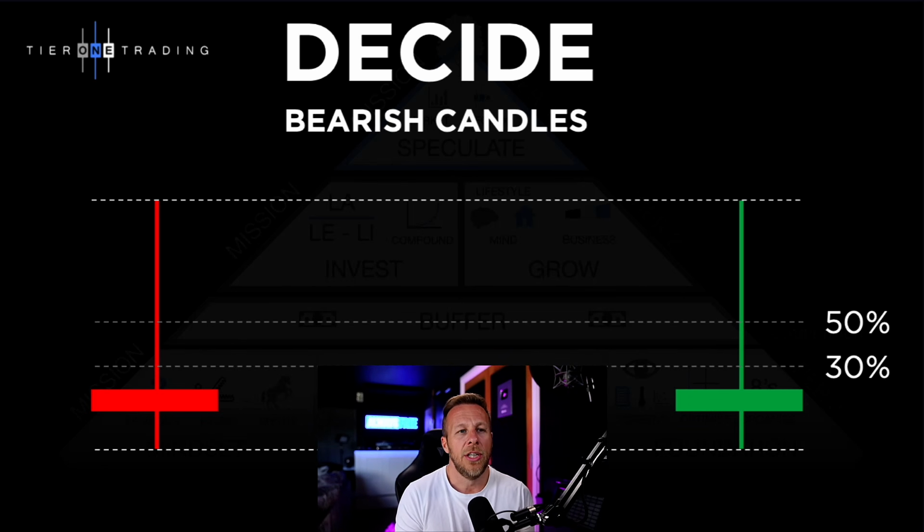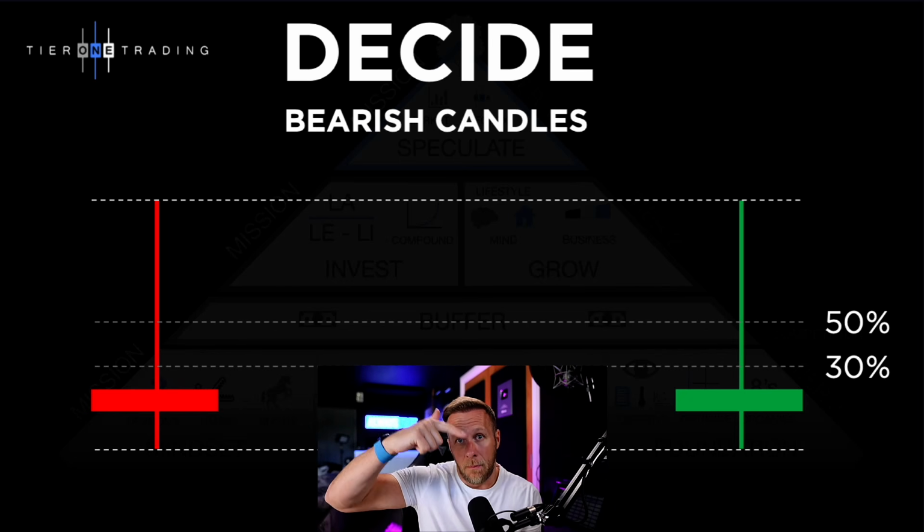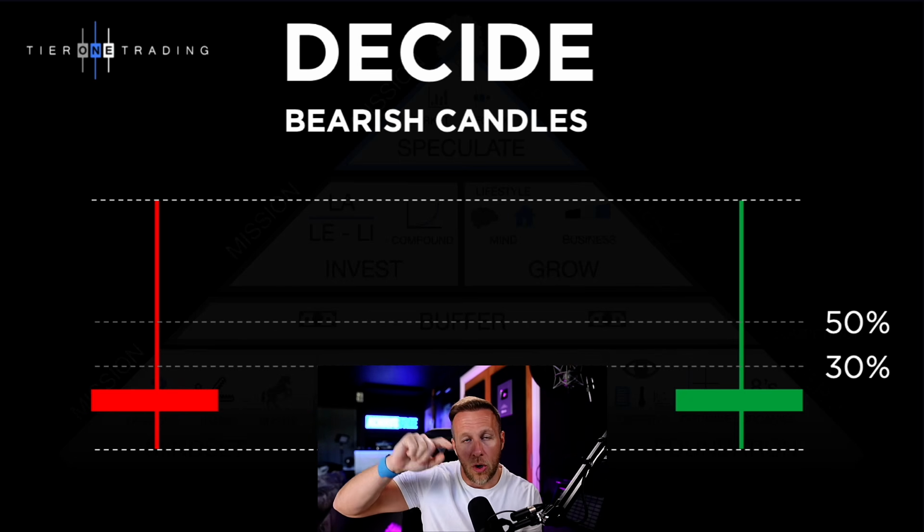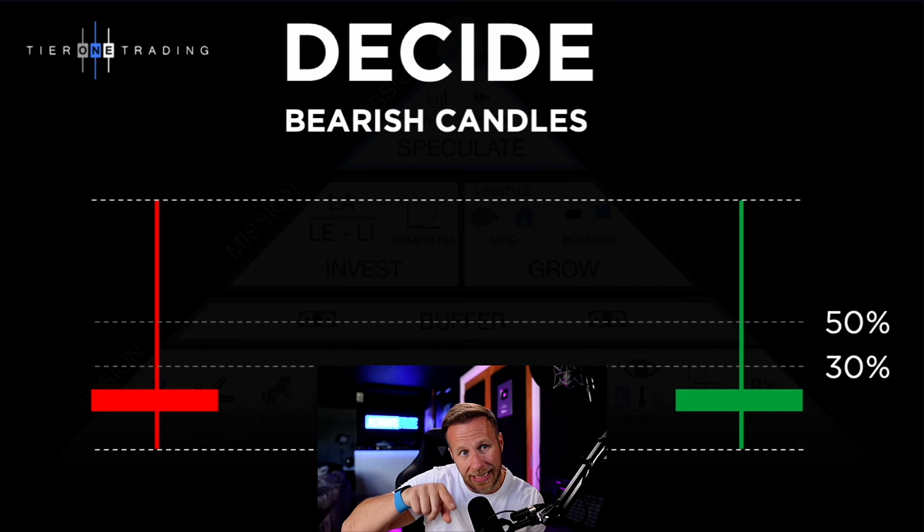All right. So if we're looking for a pullback and looking for a continuation bearish, we want to know that the price has extended up. Remember that tug of war, and then pushed and been rejected all the way down. So we've opened and closed in the lower 30% as per this diagram right here. Okay.